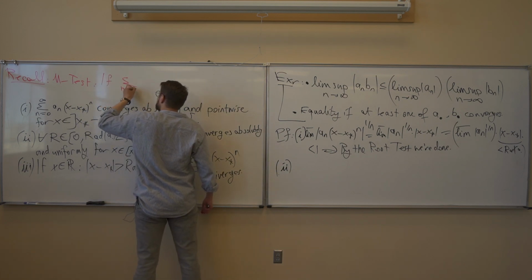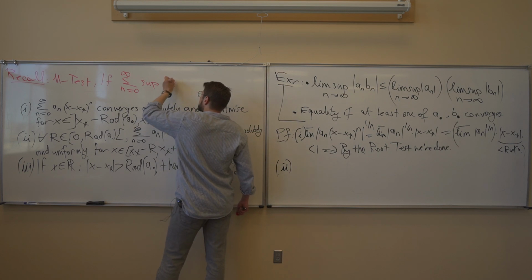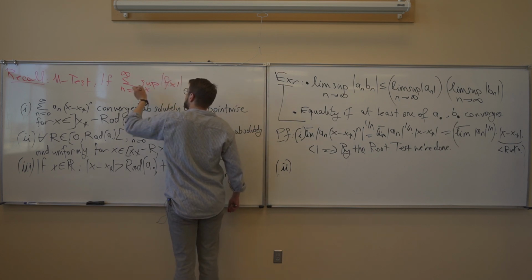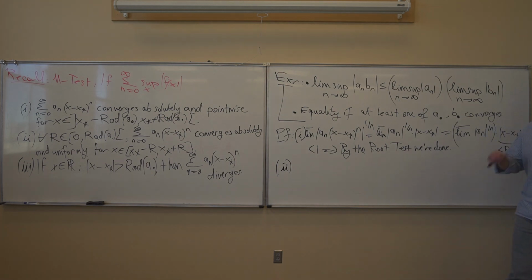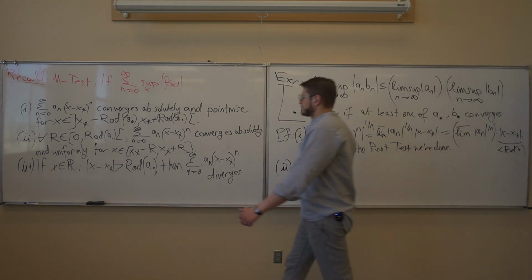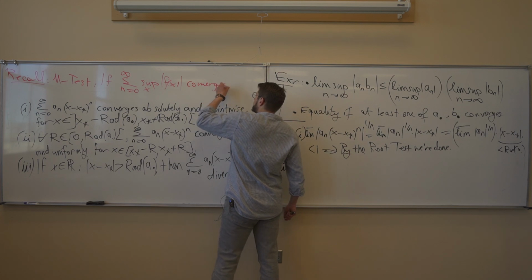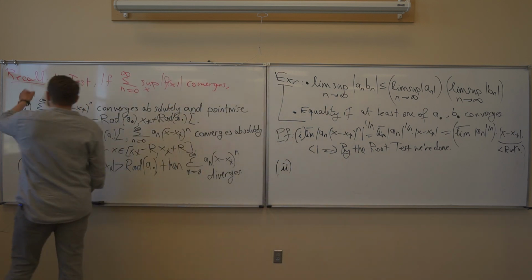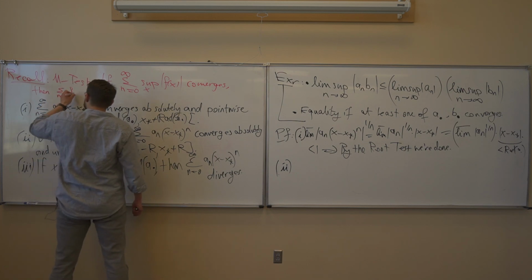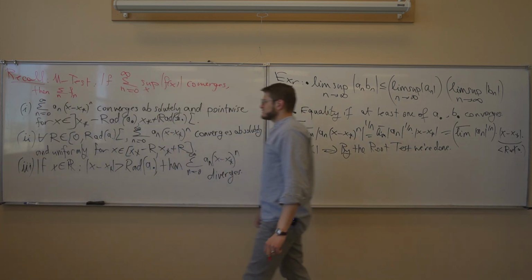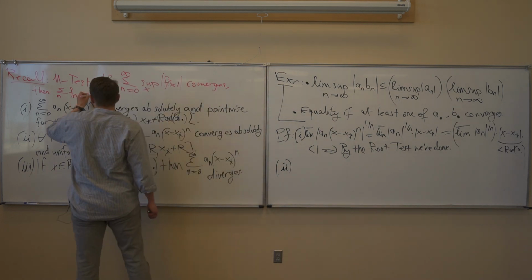If this guy converges, so this is a numerical series of C0 norms, then the series of functions, the functional series, converges uniformly and absolutely.